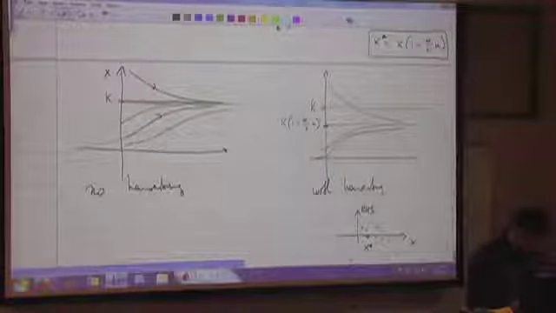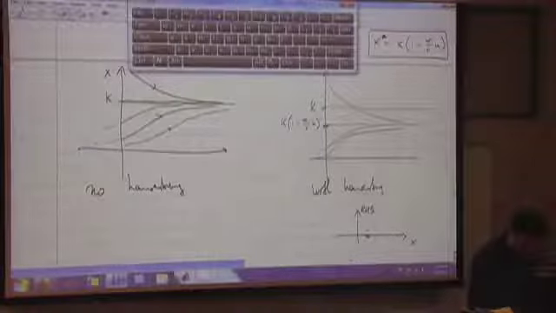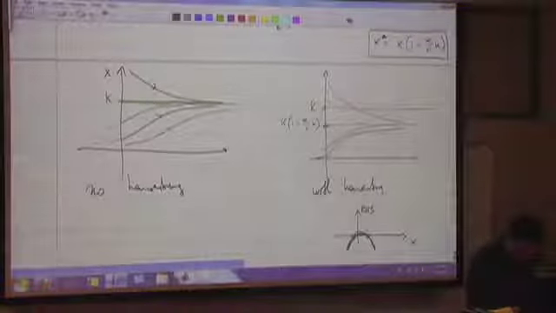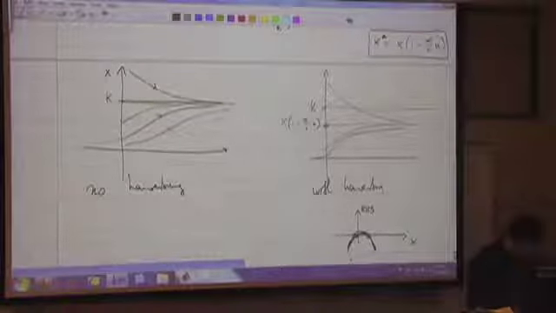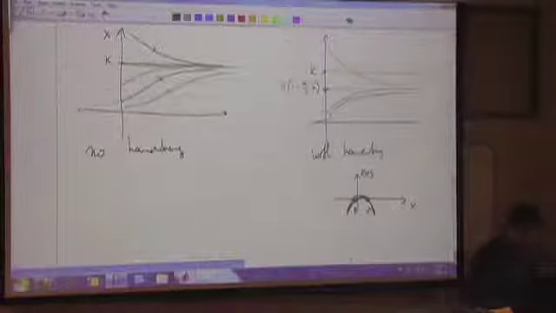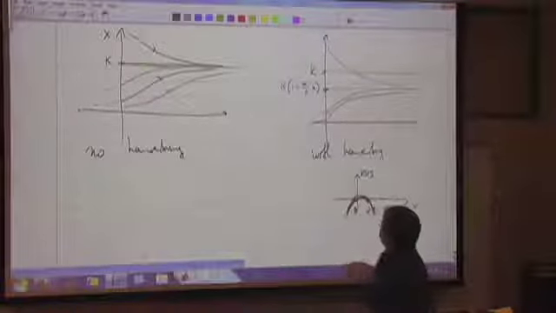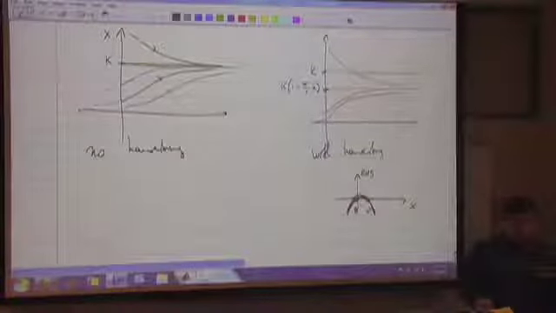Okay, so it's not linear, it's quadratic, with a negative coefficient in front of the x squared. So this is 0 and this is x star. It has the same kind of behavior except at a lower level.